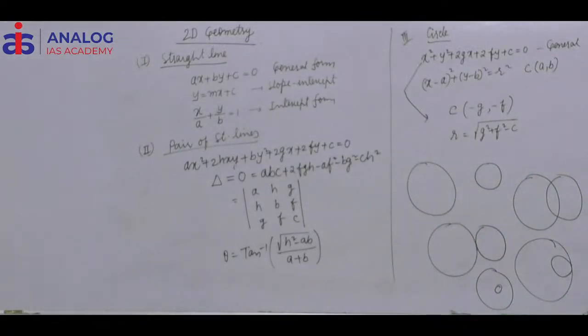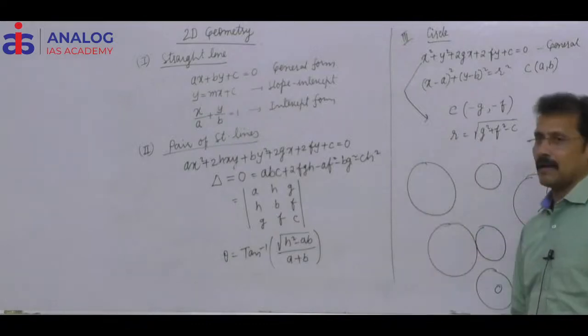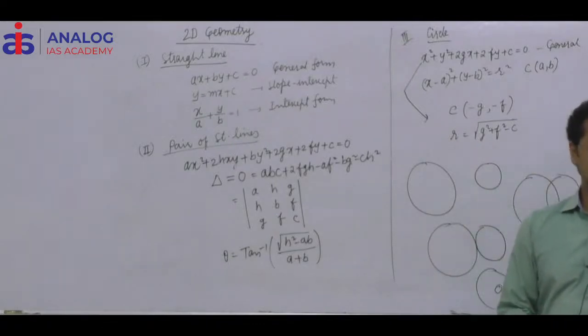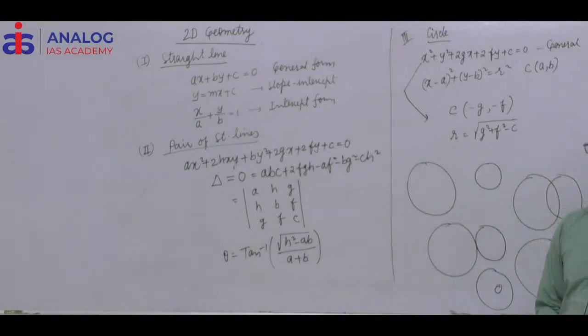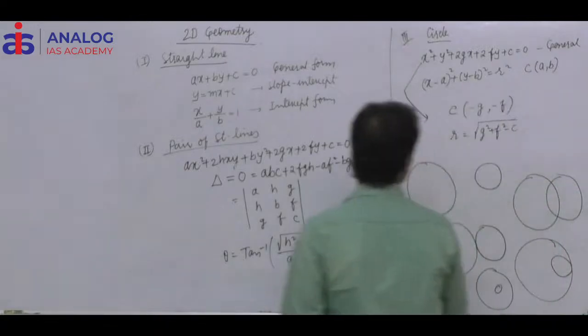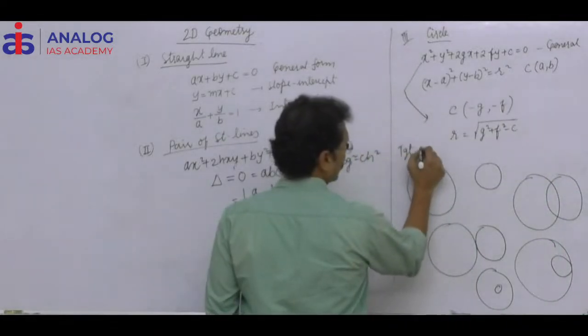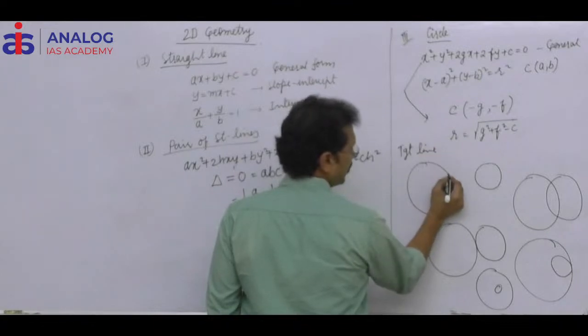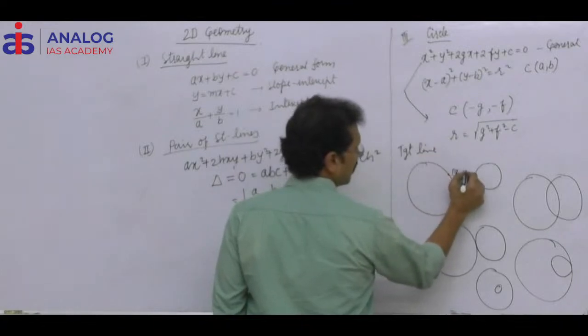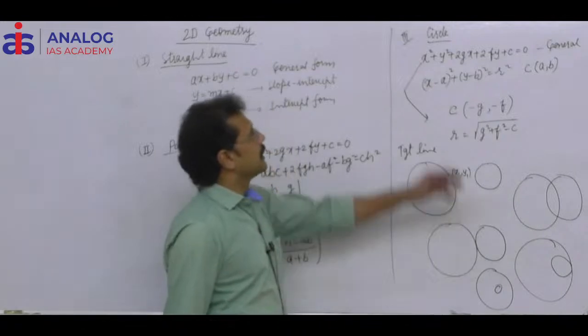When it comes to circles, we have tangent lines of the circle. How to express a tangent line? Suppose there is a point here which is (x1, y1). The circle equation is this one.